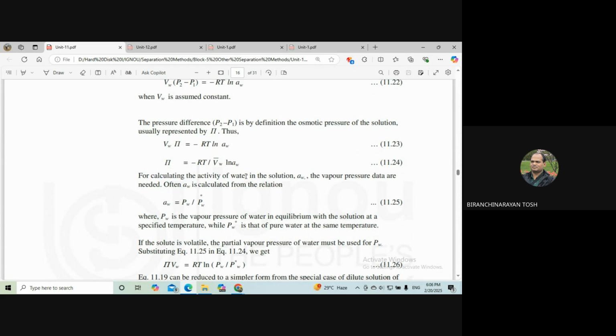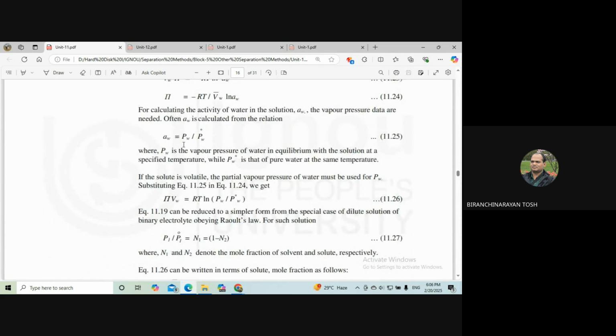For calculating the activity of water in the solution, aw, the vapor pressure data are needed. So aw is calculated from the relation. Pw is the vapor pressure of water in equilibrium with the solution at a specified temperature, while Pw star is the vapor pressure of pure water at the same temperature.